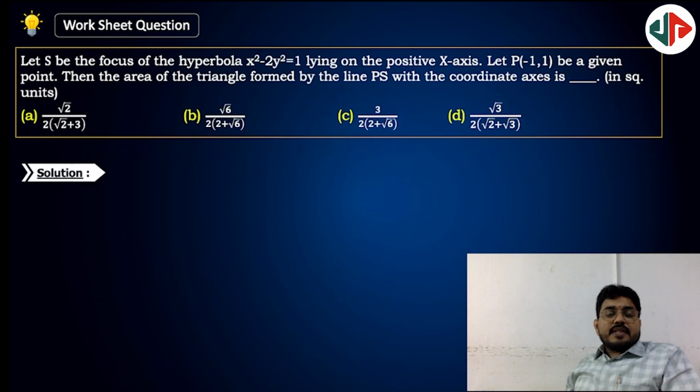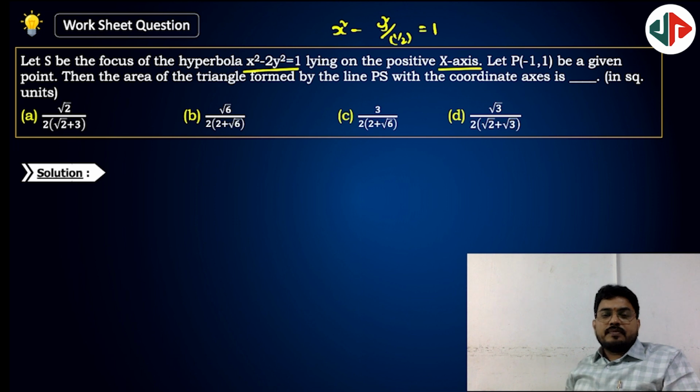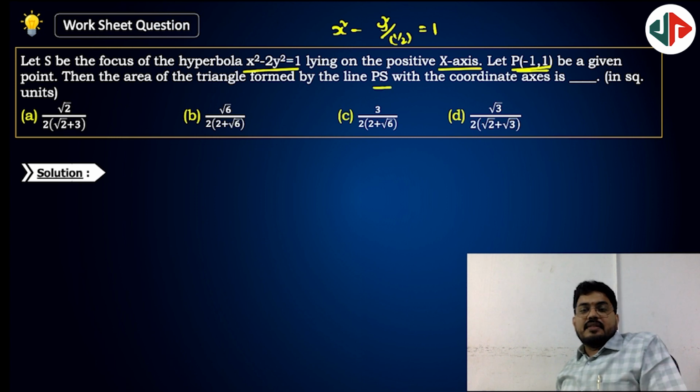Next question: S is the focus of the hyperbola lying on the positive x-axis. The equation is x square minus y square by 1 by 2 is equal to 1. P is the point (-1, 1). Find the area of the triangle formed by PS with the coordinate axes.